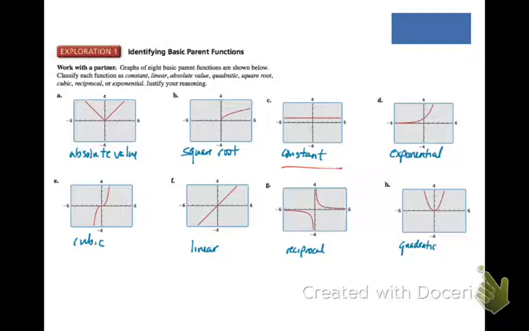In this case, it's 1. So y, or f of x, equals 1. Very simple function. We're also going to look at a linear function, absolute value, and quadratic. And then later on in Algebra 2, we will cover the other functions that you see.